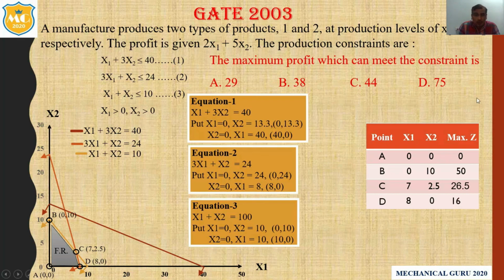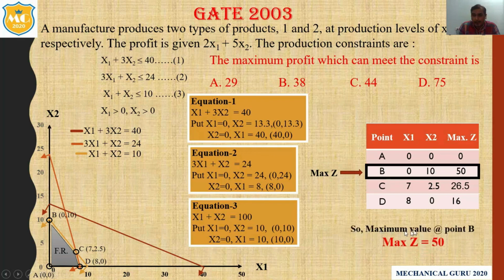So here the problem is maximize, the profit is given, meaning the problem is maximize. So the maximum value is at point B, so highlight it by a box. So maximize Z at point B, where maximize Z is equal to 50.